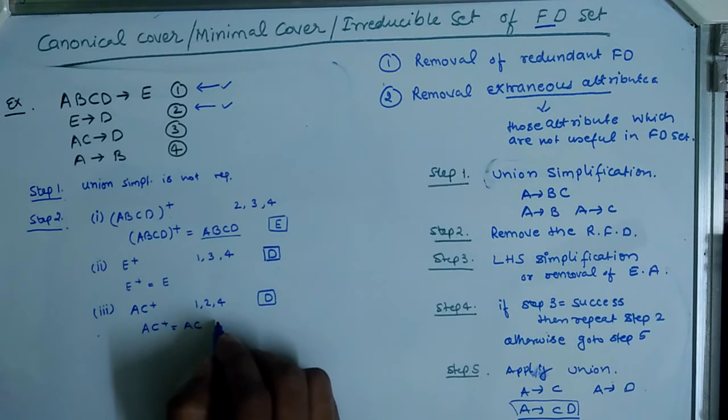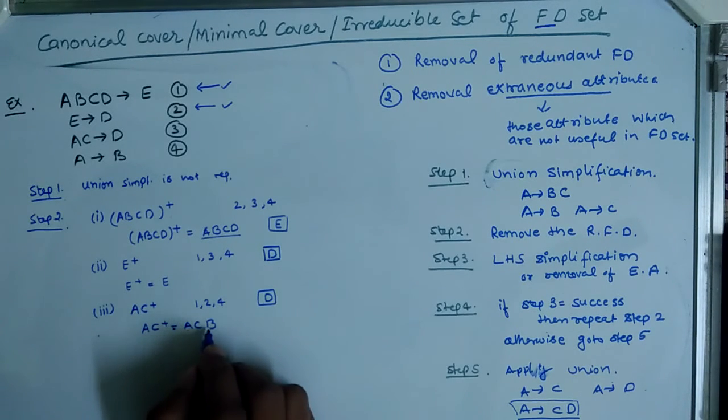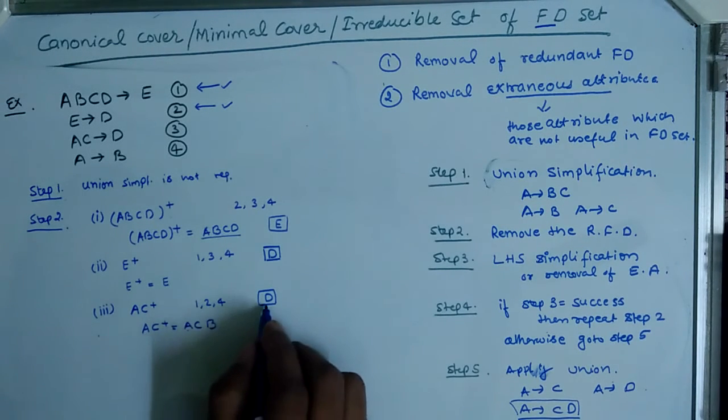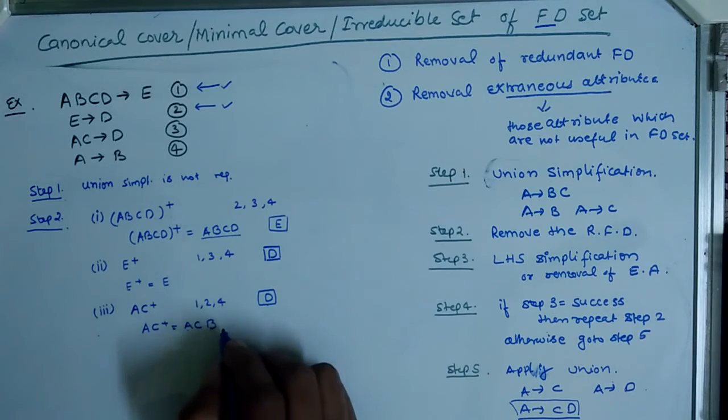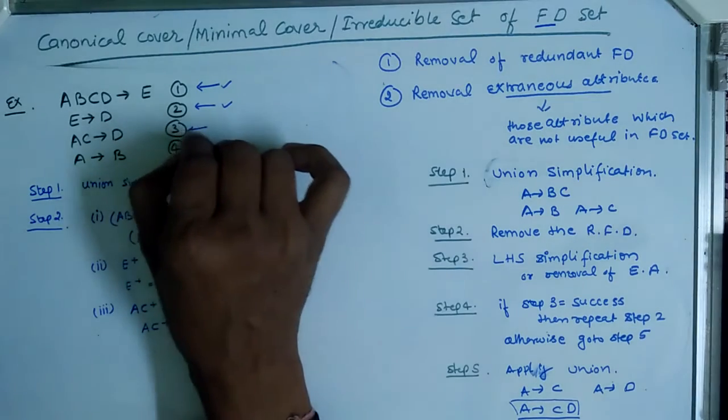From equation 1 can you derive anything? No. From equation 2 nothing can be derived. From equation 4 you can derive B, because A can derive B. So ACB can be derived, but D cannot be derived. So this is also a unique functional dependency.